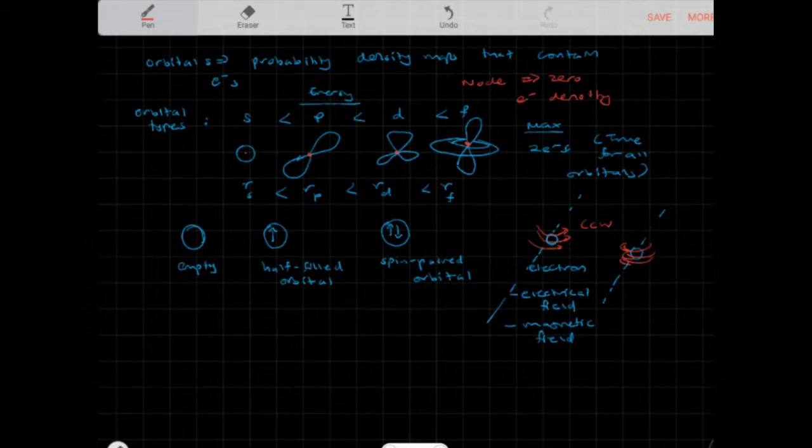Now, electrons that occupy orbitals prefer to be half-filled. The reason electrons prefer half-filled orbitals is because when they get too close to each other, in the same vicinity, they repel each other, right?